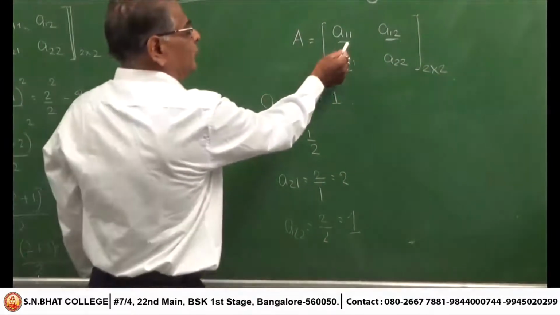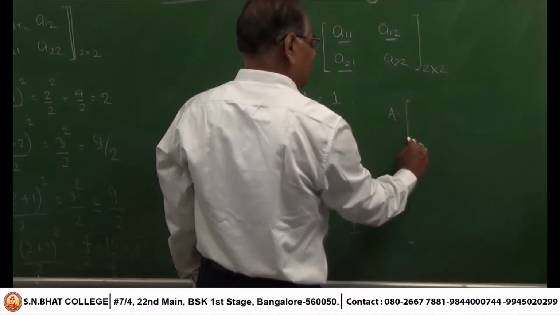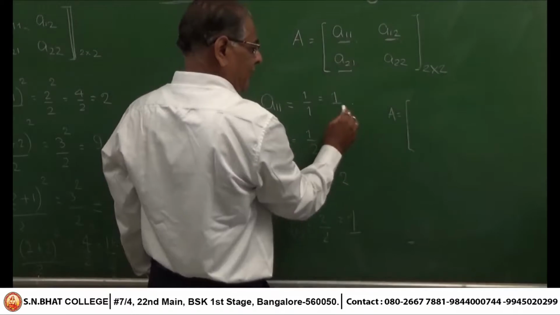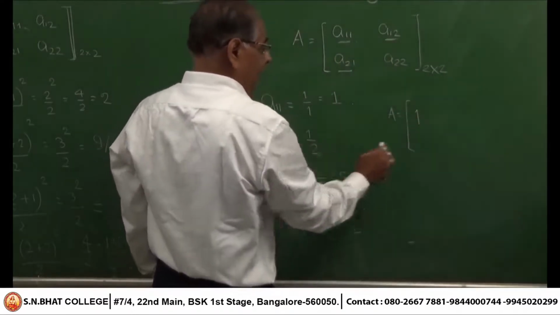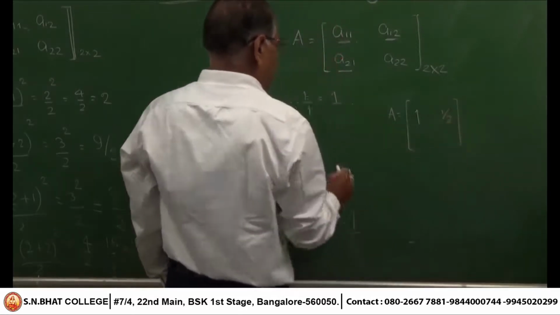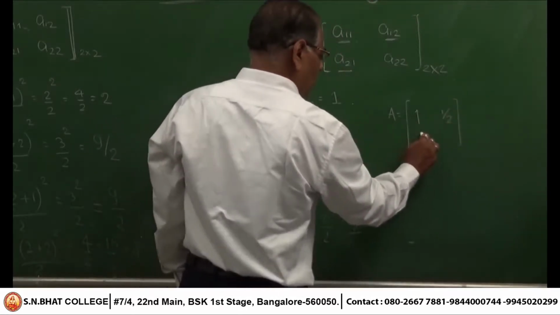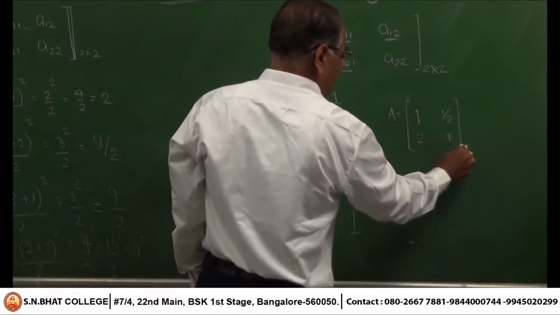Finally, you have to substitute in this matrix. Therefore, the final answer is A. A11 is nothing but 1. A12 is nothing but 1 by 2. A21 is nothing but 2. A22 is nothing but 1. This is the final answer.